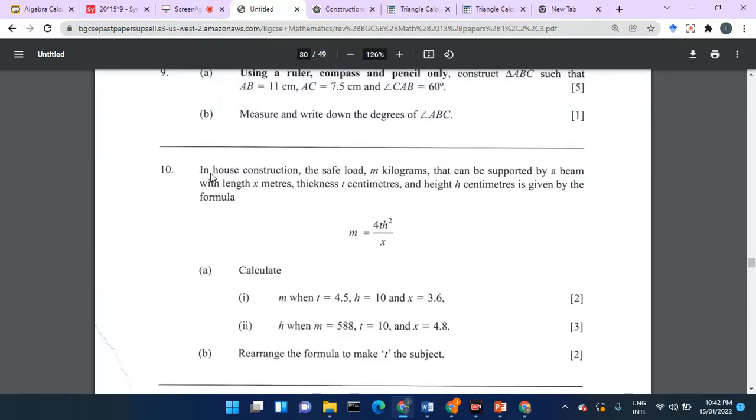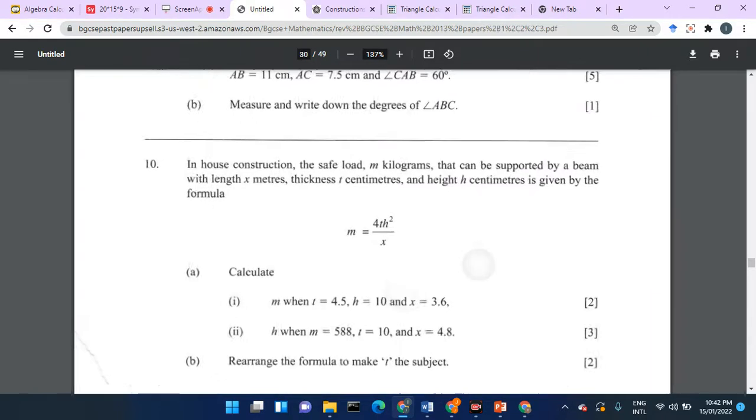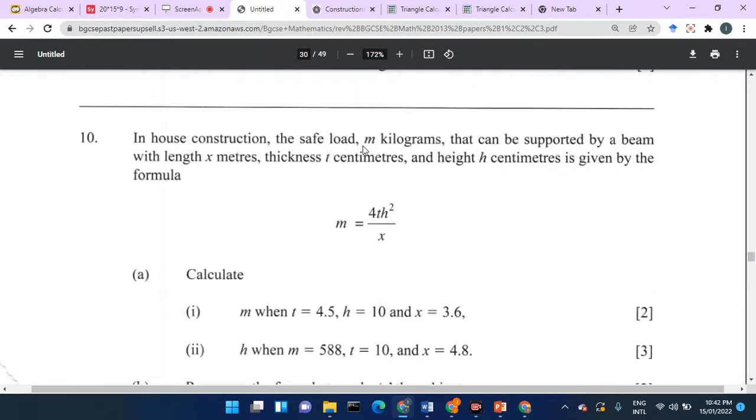It says, in house construction, the safe load M kilograms that can be supported by a beam with a length X meters, thickness T centimeters, and height H centimeters is given by the formula M equals 4TH squared divided by X. M is the safe load, measured in kilograms.